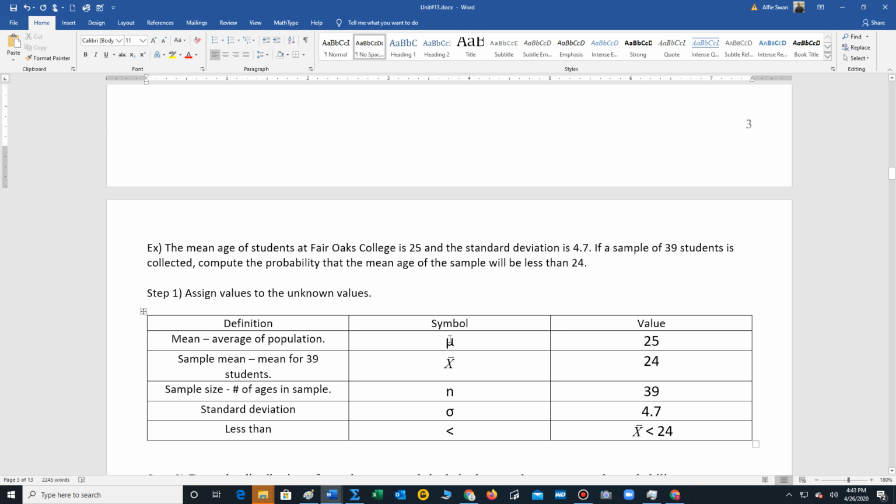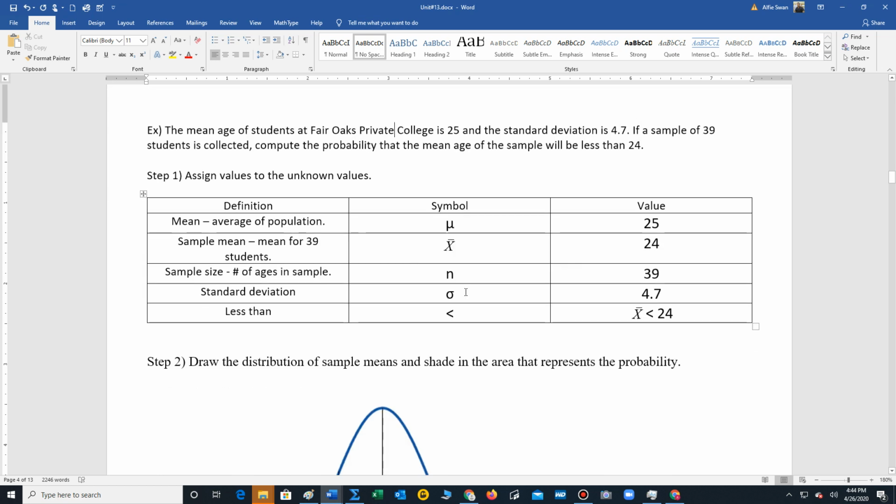So remember, mu is the population mean, the mean for all 800 students at Fair Oaks College, and x bar is the sample mean, the mean for the 39 students. And as we saw, there's always some type of difference between the sample mean and the population mean. So that's 24. N, that's your sample size, that's 39. Standard deviation, sigma, that's 4.7.